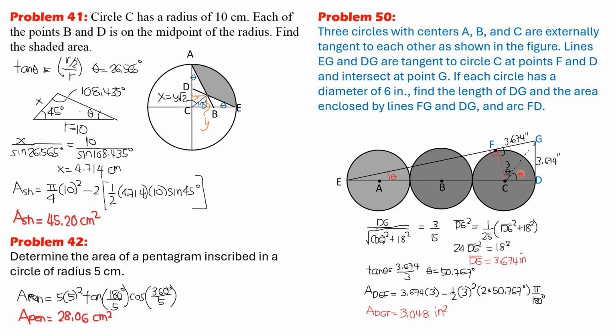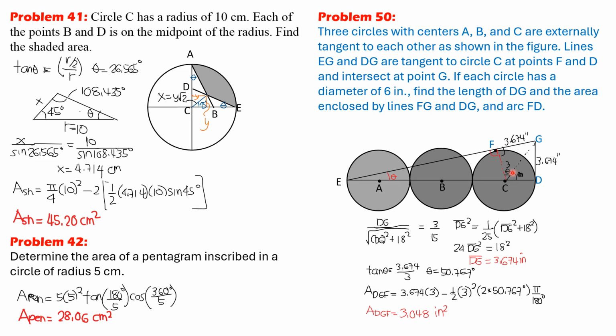Then these two right triangles are identical. We have a common hypotenuse. So I'll call that theta. That's also theta. Tangent theta is 3.674 over radius 3. So theta is 50.767 degrees. The unshaded area here is 2 times the area of the right triangle, so 2 times 1/2 of 3.674 times 3, so it's now free of 1/2, minus the area of the sector with central angle 2 theta.